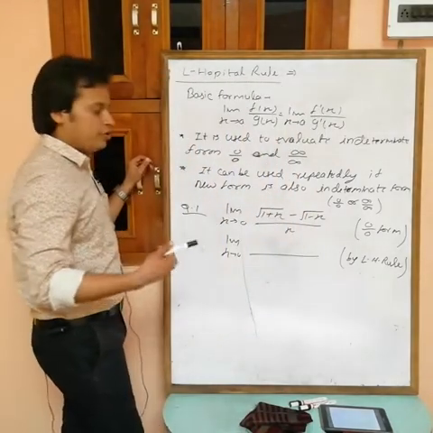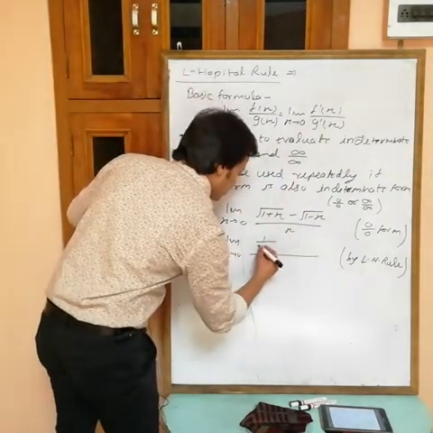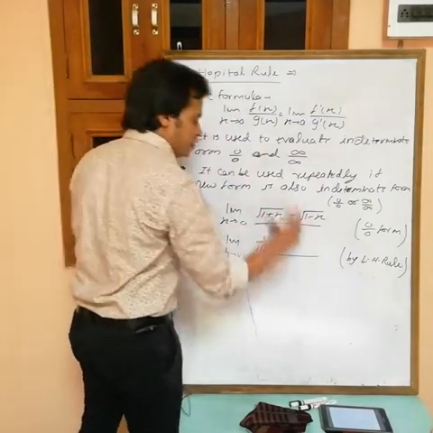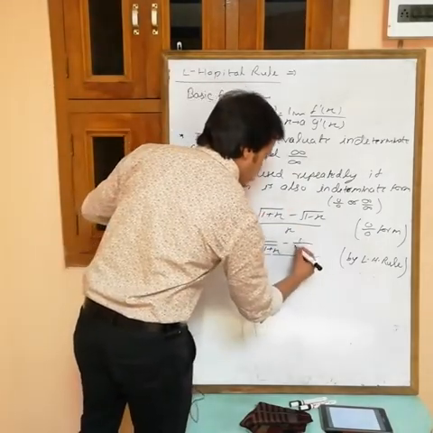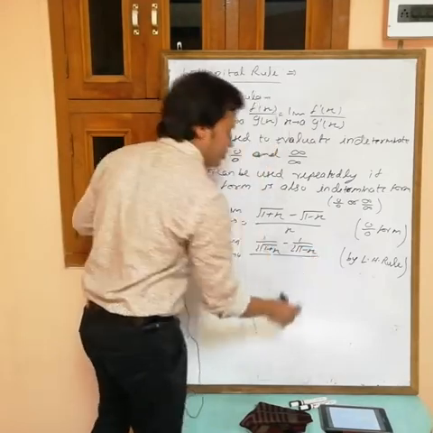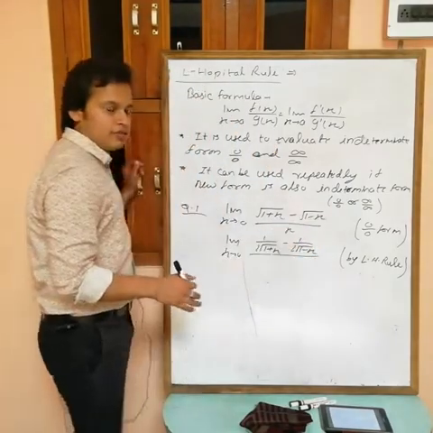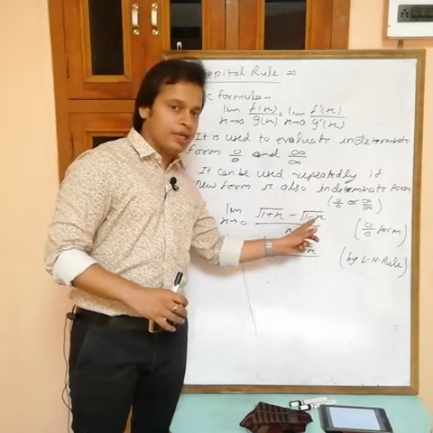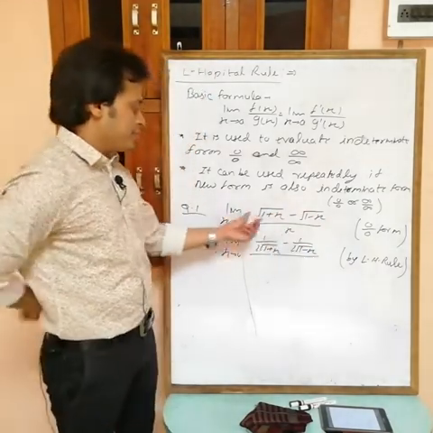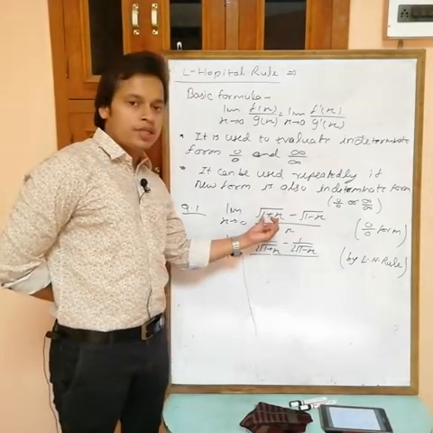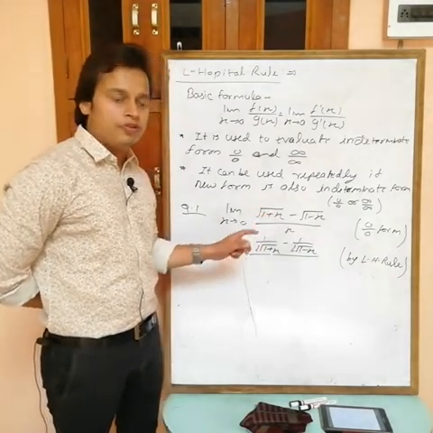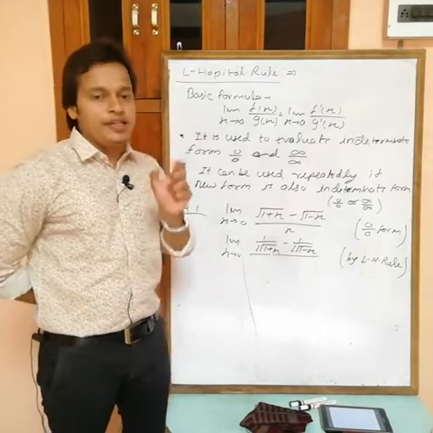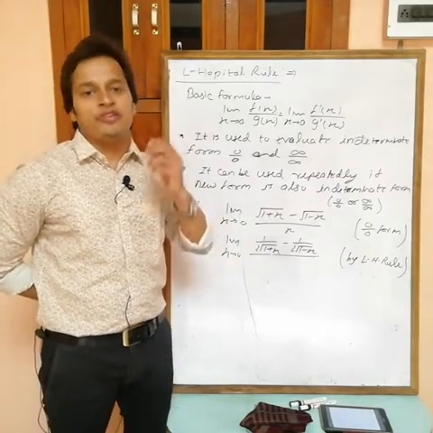differentiate numerator in numerator: derivative of this one is 1 by 2 root(1 plus x), and derivative of this one is 1 by 2 root(1 minus x). If I assume this one as x, this becomes root x. Derivative of root x is 1 by 2 root x. Now if you are assuming anything as x, then again differentiate that one.